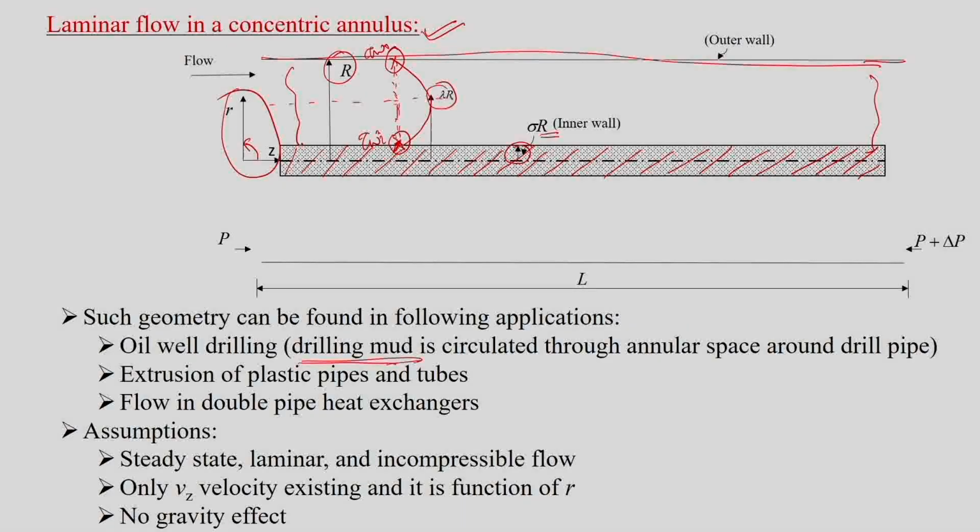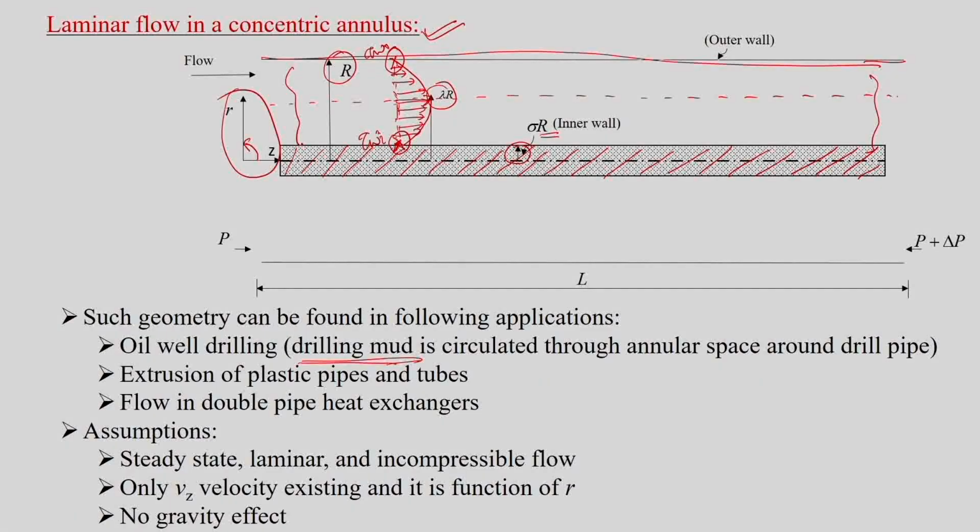Let us say this is the line. Then in the region from sigma r to lambda r, the velocity gradually increases and reaches the maximum value at r equals lambda r. Then from lambda r to capital R, the shear stress increases again and the velocity decreases, so we see a negative velocity gradient.